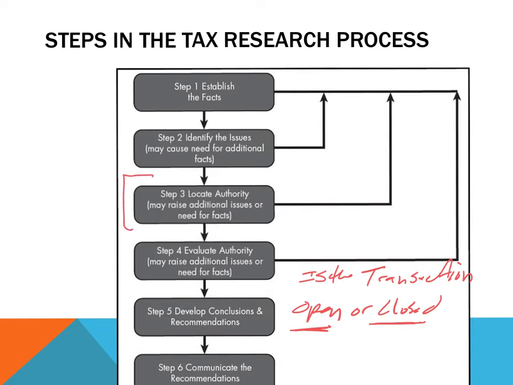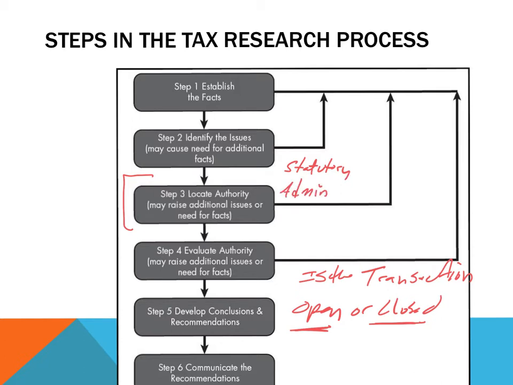This step 3, locate the authorities. This is a very, very important step, okay? And hopefully, by the time you're watching this, you have already looked at chapters 3, 4, and 5. Because what you found in chapters 3, 4, and 5 is that there are 3 basic types of primary authority. There are statutory authorities.